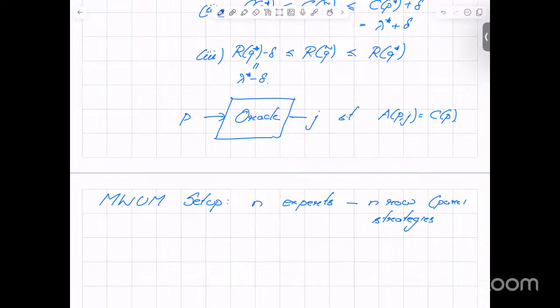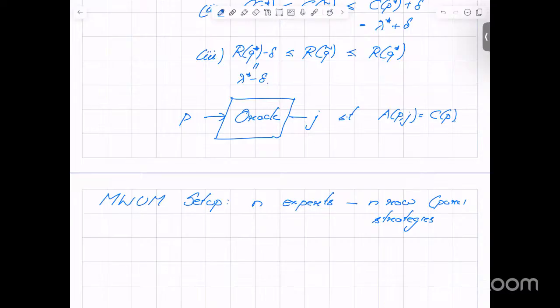And now I have to set it up. There's an imaginary MWM setup I'm going to think. What's the MWM setup? I'm going to think of it as the n experts in the MWM are actually the n pure row strategies. So each row is going to correspond to one strategy. And each time the game is playing according to some mixed strategy. It's a probability distribution on the n experts.